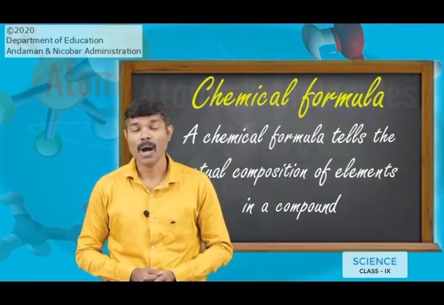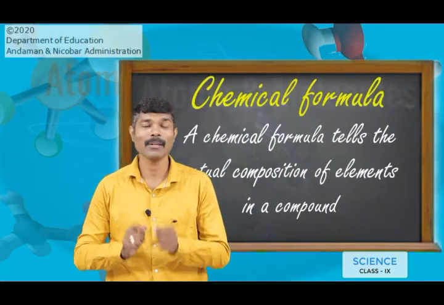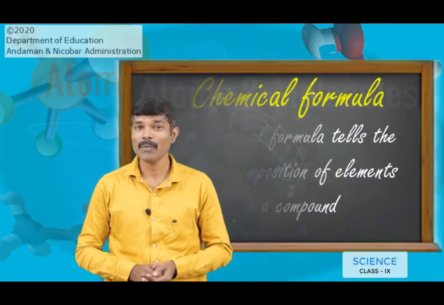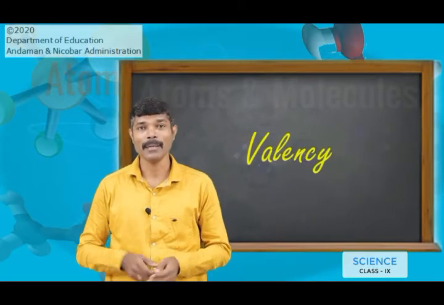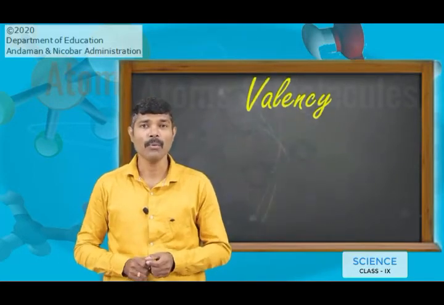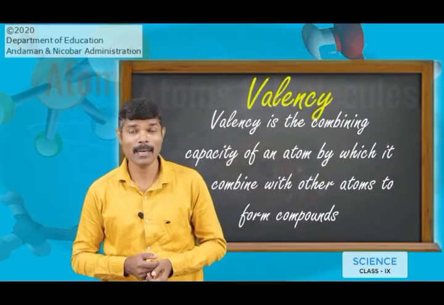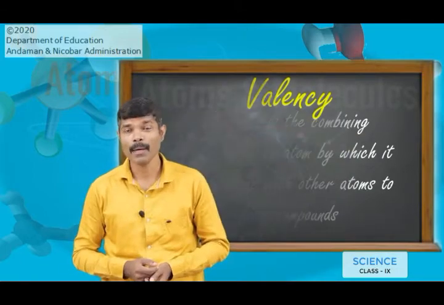Children, to know how a chemical formula is written, we should have the basic knowledge about valency. About valency, you will study much more in a later chapter, but for now you should know what valency is. Valency is the combining capacity of an element through which it combines with other elements to form compounds.